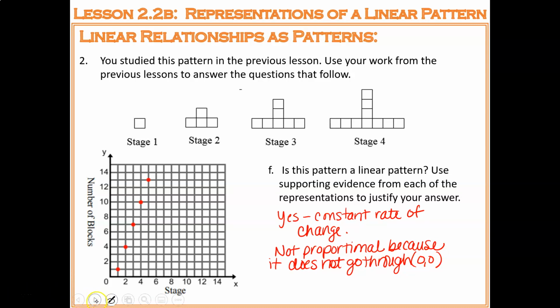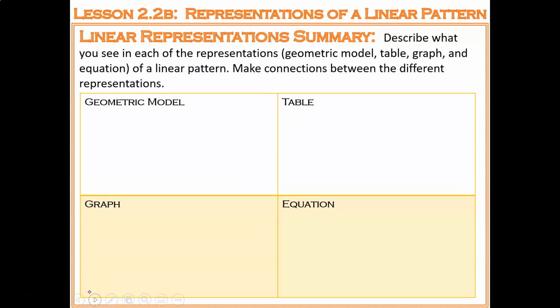Okay, let's quickly go over this. We're just going to review what we saw. The geometric model is the one where we added the same number of blocks to each one. So let's say, where do you find the rate of change in all of these? On the geometric model with the blocks, it's how many blocks you add.